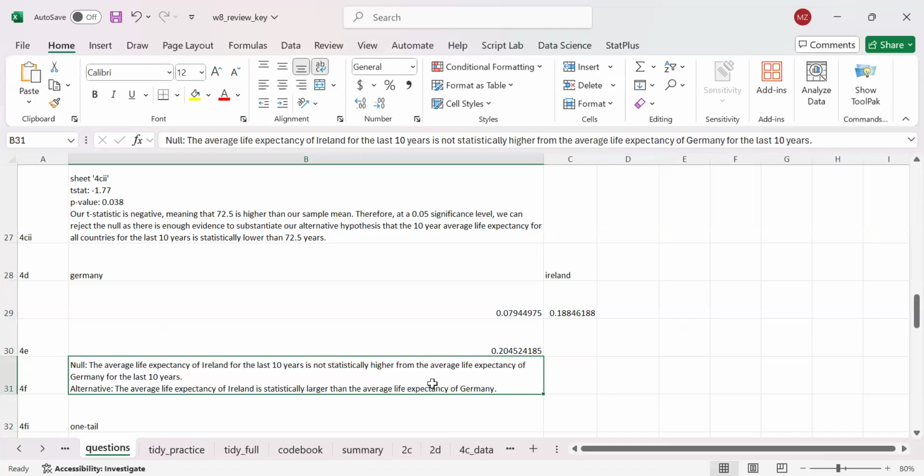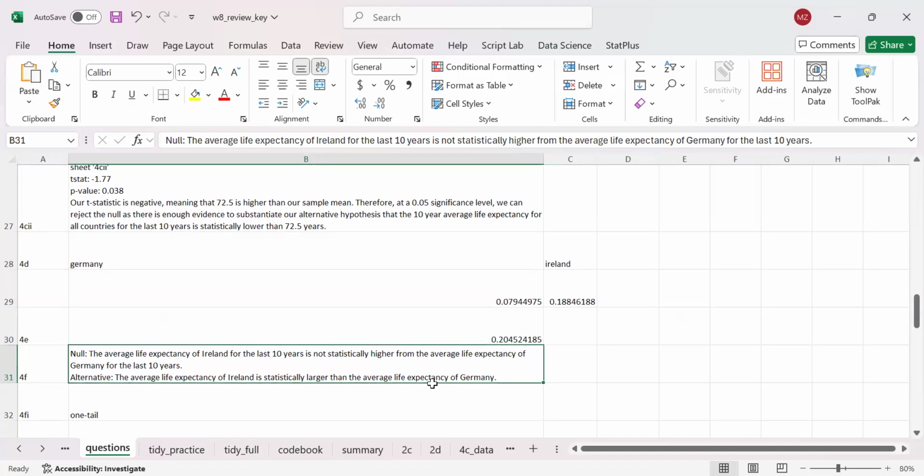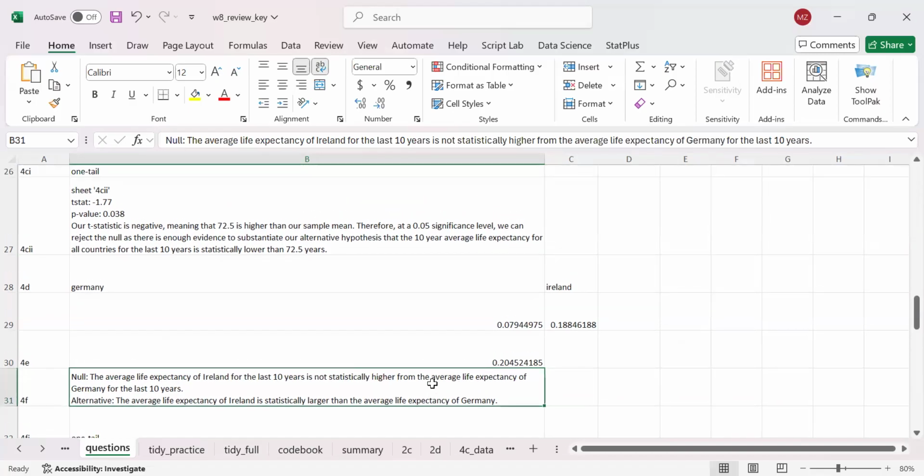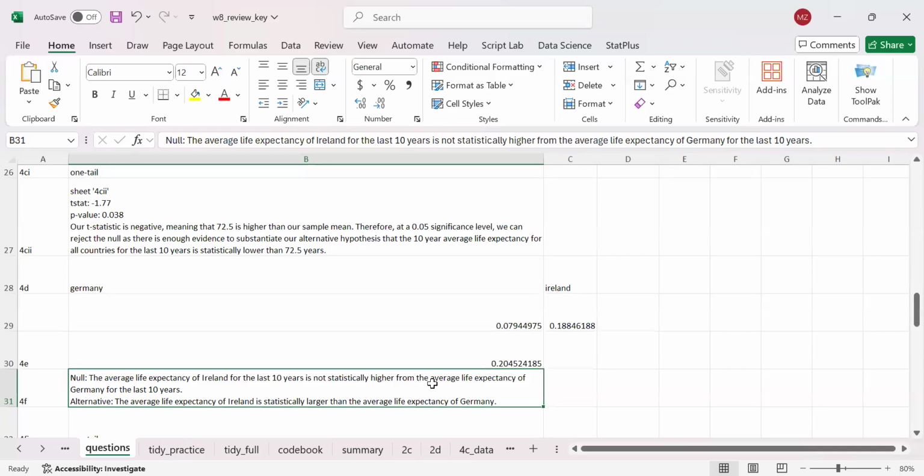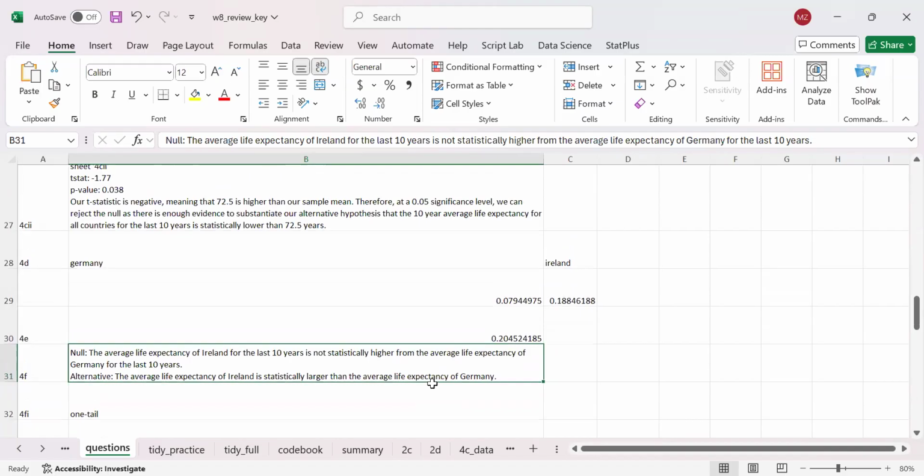So that would be the null hypothesis, and your alternative hypothesis would be the average life expectancy of Ireland is statistically higher than the average life expectancy of Germany. Now, again, this is a one-tailed test because there's only one direction we are interested in.